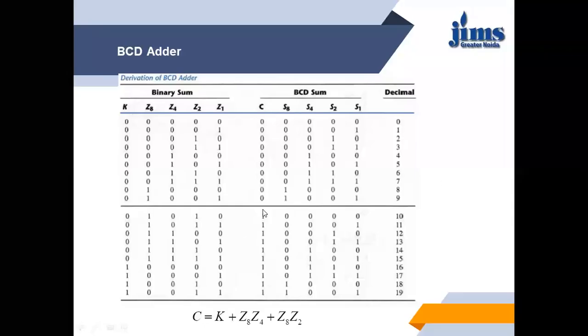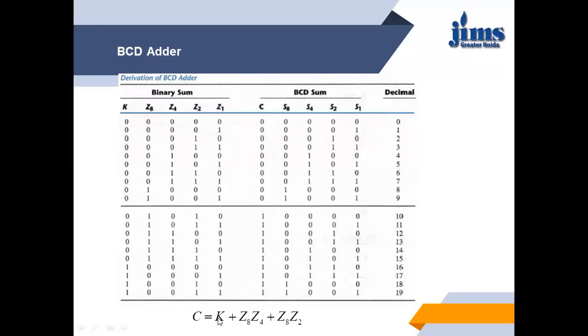Now, C is the carry of the sum. The carry is generated either when K is 1, here is the K 1 for the 4 combinations, or whenever Z8 and Z4 are 1, or whenever Z8 and Z2 are 1.